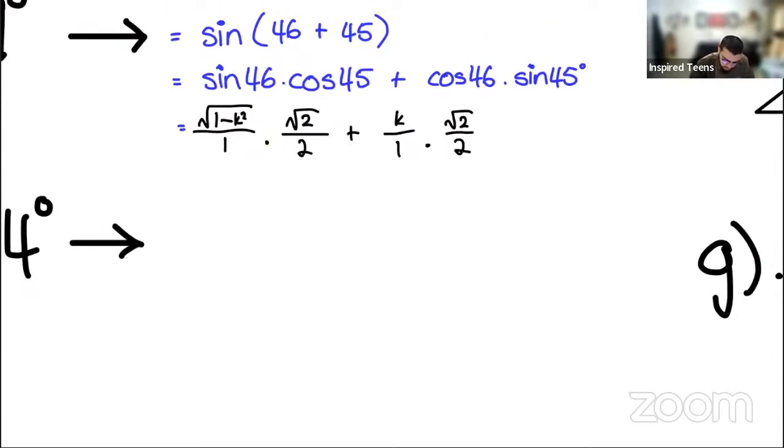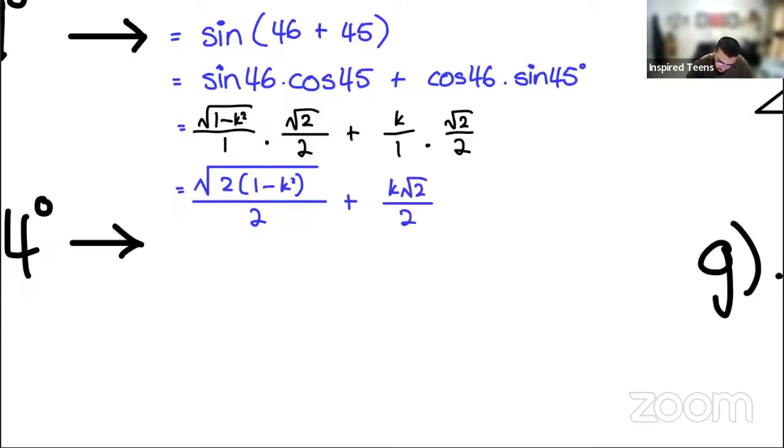Remember, when you multiply two square roots, you multiply the two terms inside. So this becomes the square root of 2 times 1 minus k squared, divided by the denominator, which is 2, added to k times root 2 divided by 2.